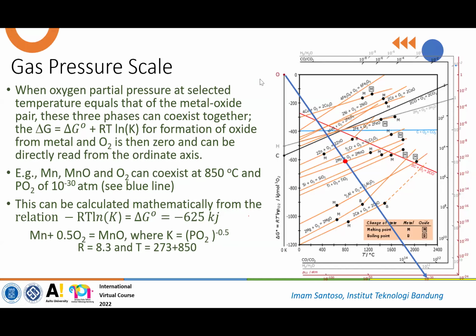So from this equation, if we select a temperature, we will know the delta G, and automatically we will know the PO2. Why this PO2 is important, I will tell you later.